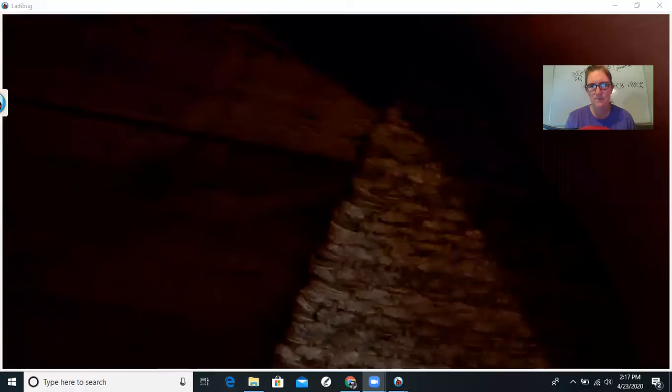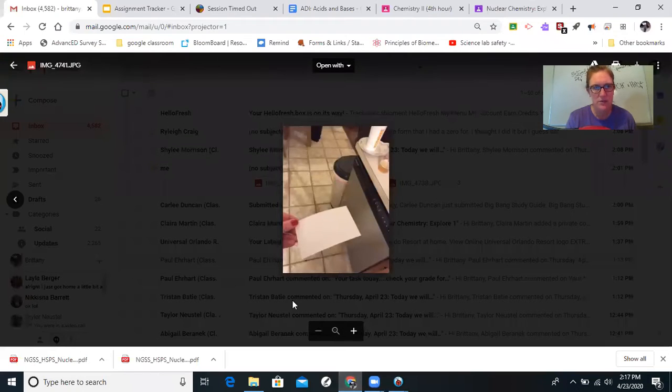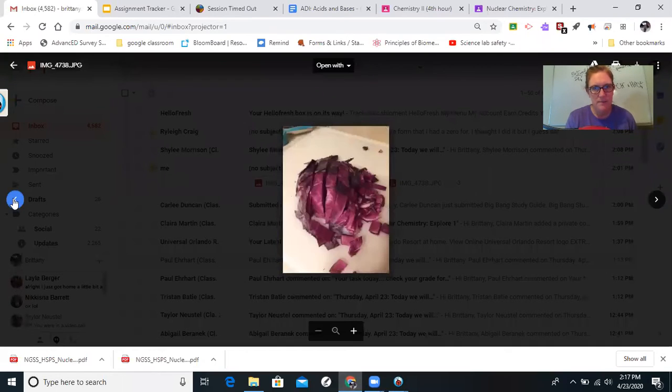I'm going to share my screen so I can show you what I did with my time last night. Okay, so at our house last night, we made an acid-base indicator, okay? And with this acid-base indicator, if I can find my pictures here, okay.